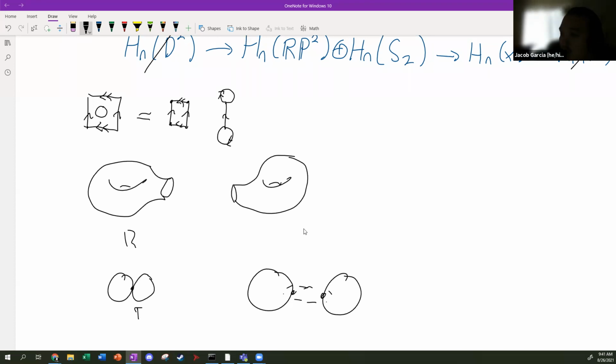So your first line of action should not be to throw 4 Meyer-Vietorises at a single problem. But, like I said, if you have an hour and a half and you are just trying to figure out a homology problem, you could just keep throwing Meyer-Vietoris at it to turn it into circles. Okay, so this took longer than I thought it was going to take.